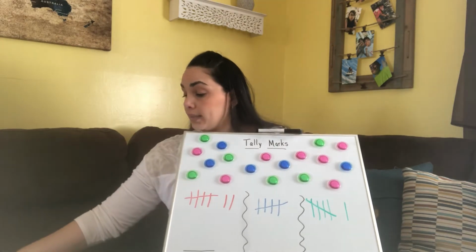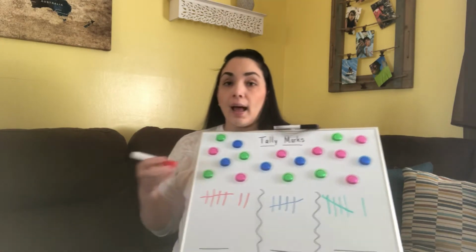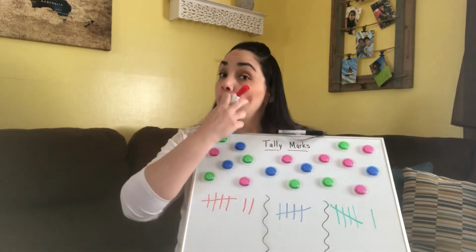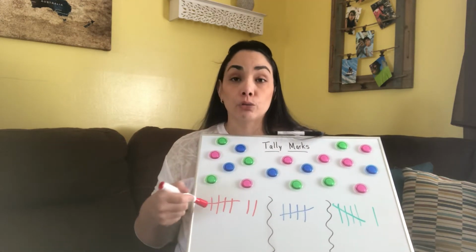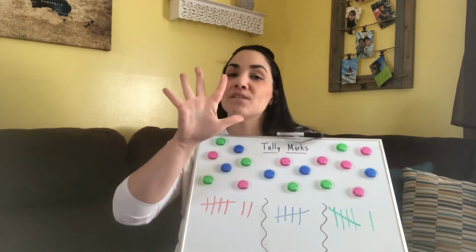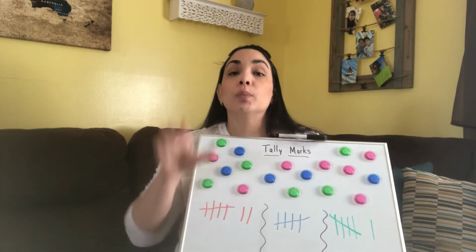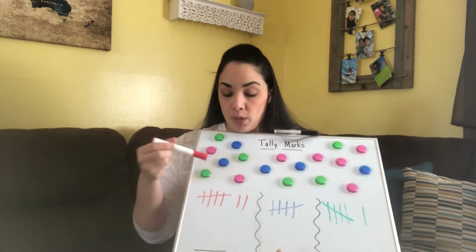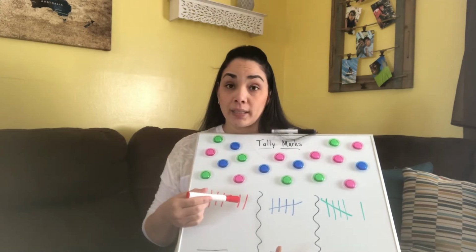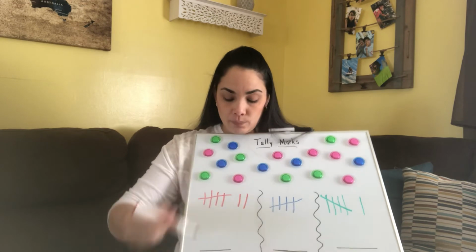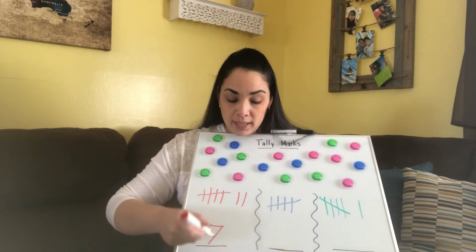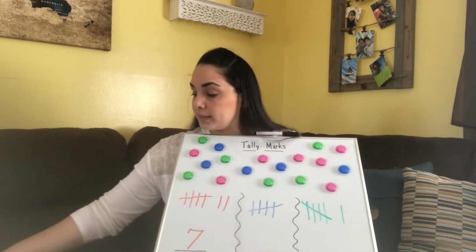So what we can see here is that now we have 1 bundle, 1 group, and that group has to have 5. Every tally group has 5. So we have 5, then we start counting by 1s. 5, 6, 7. Beautiful. We have 7 pink tallies.